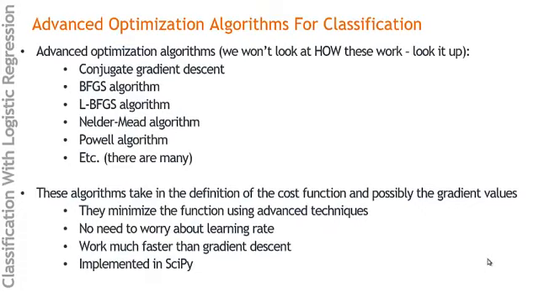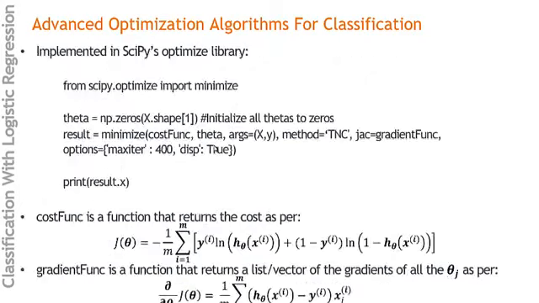Now, as I mentioned, there are other algorithms for optimization, and we'll take a quick look at how you would use SciPy, or in particular the optimize package in SciPy, to implement one of these optimization algorithms. You'll be using the minimize function within the optimize package of SciPy.